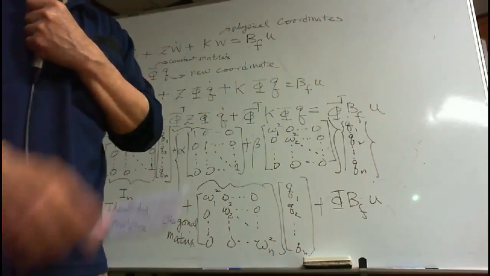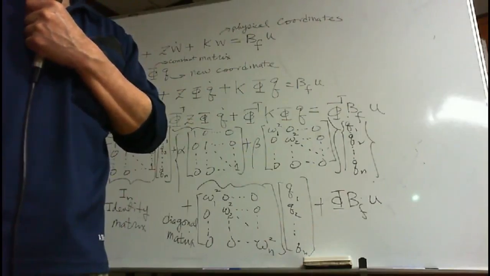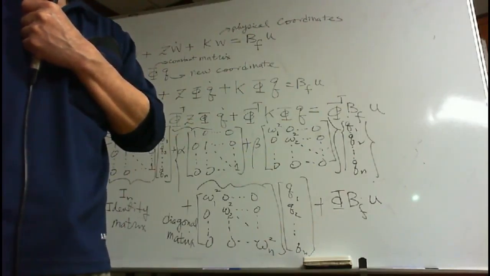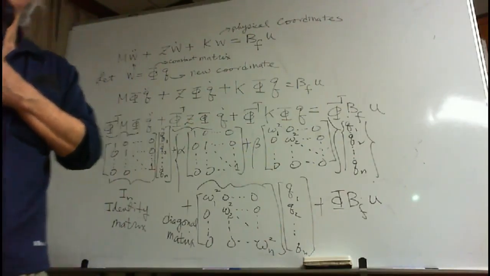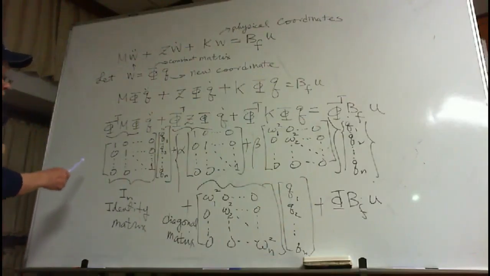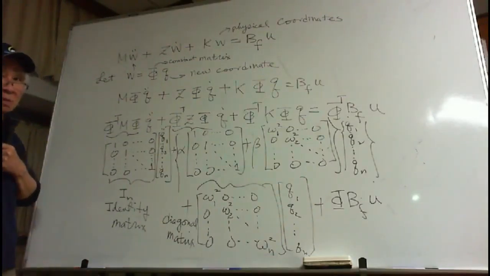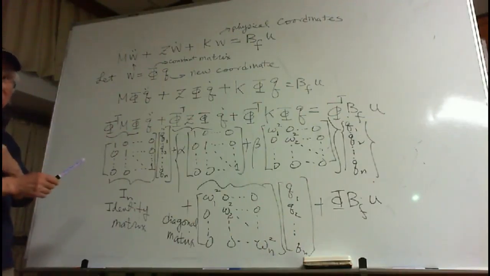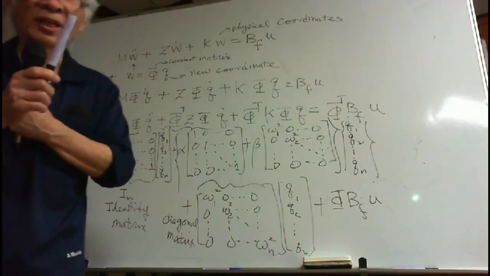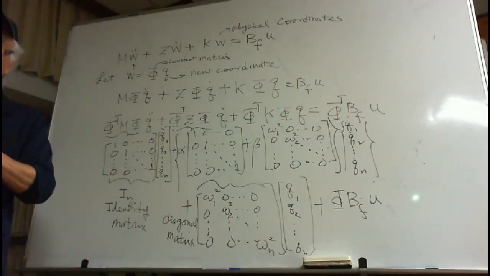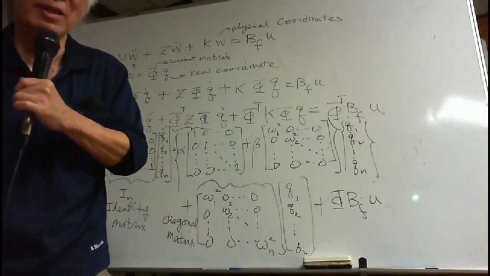There's a way to derive that. You don't need to make a guess on that. In matter of fact, this Φ matrix is nothing but the eigenvector matrix of the system. Not just on the M, not just on the K. The system eigenvector matrix.